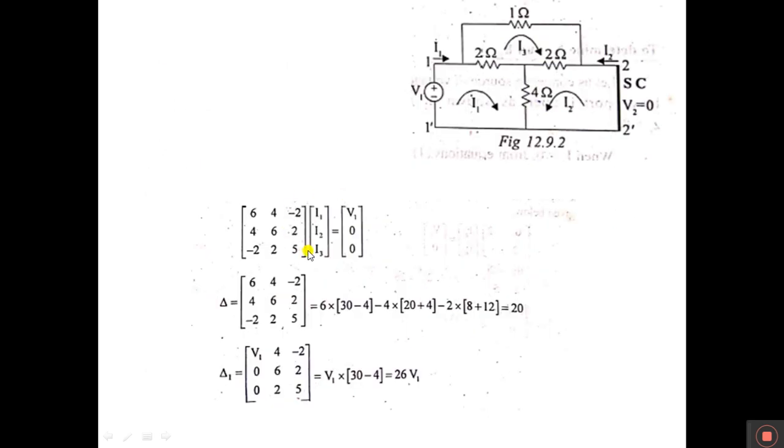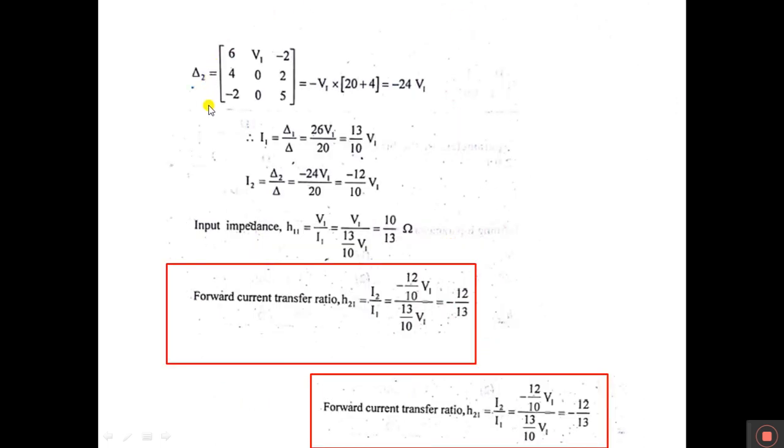Similar case, form a matrix, find del 1, del 2, and find del, and find del 1 by applying V1 in the first column. And del 2 is by applying V1 in the second column. Now I1 is del 1 by del, 13 by 10 V1. I2 equals del 2 by del, that is minus 12 by 10 V1.